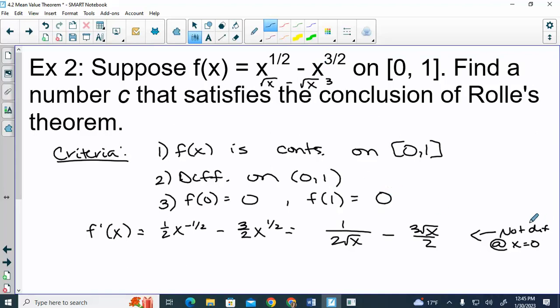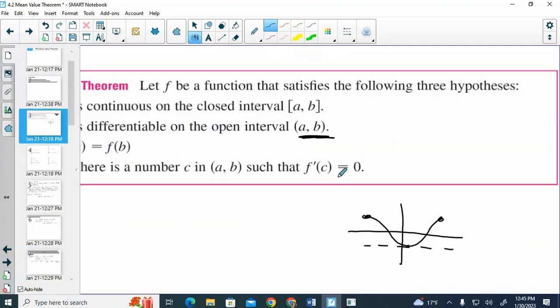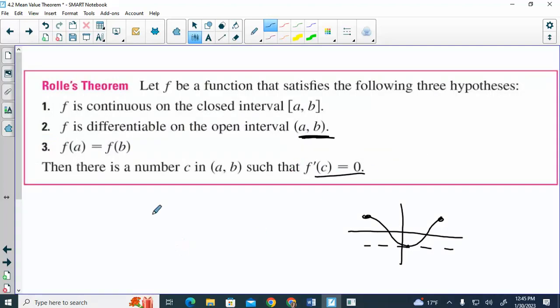And those endpoints are equal. So my criteria are all met. It's continuous on the closed interval, differentiable on the open, and the endpoints are equal. Then what does Rolle's theorem tell us? There is some number in my interval where the derivative equals 0.